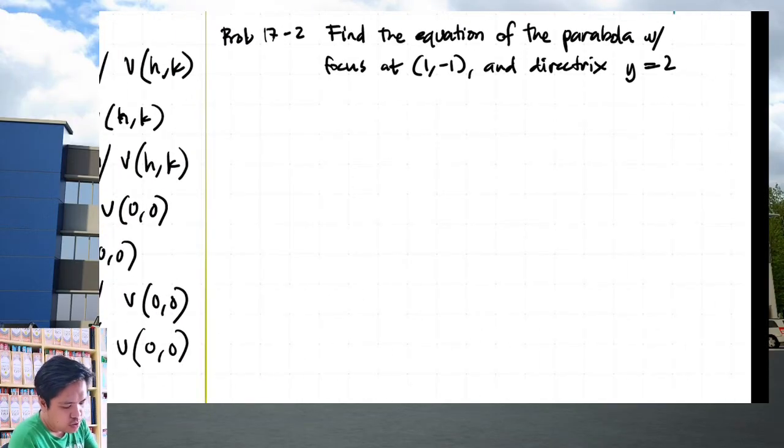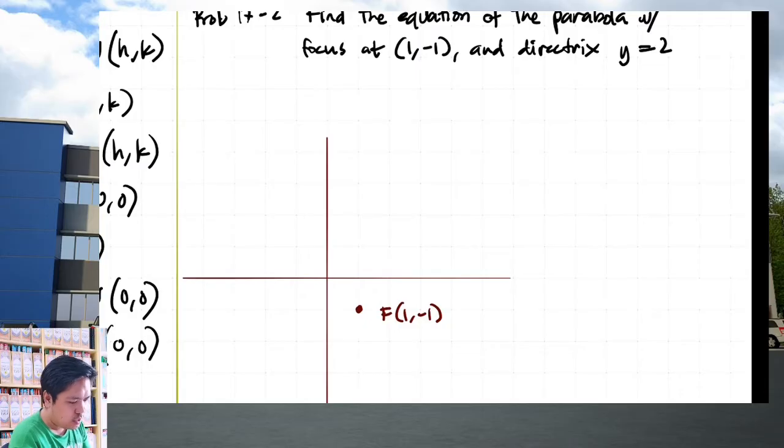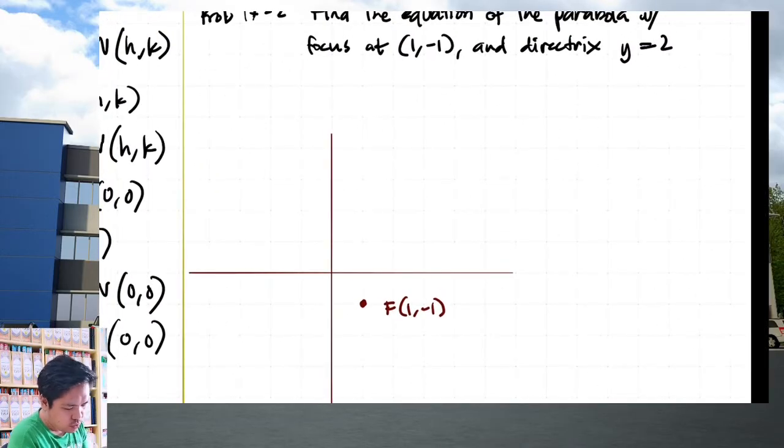So the best thing to do is first plot these points and line. Okay, the focus is located at 1, negative 1, so this point, that's 1, negative 1. And the directrix is y equals 2. So kung ang directrix y equal to, that would be a horizontal line right here. Wait. This one.